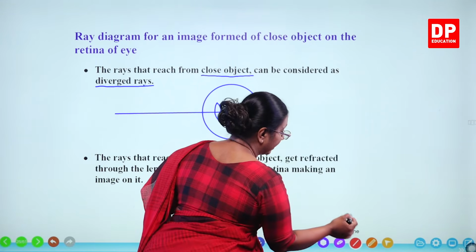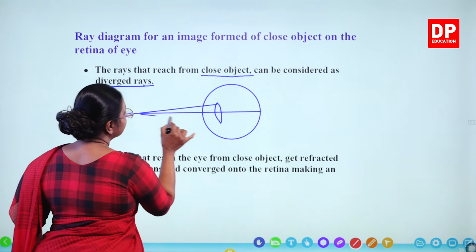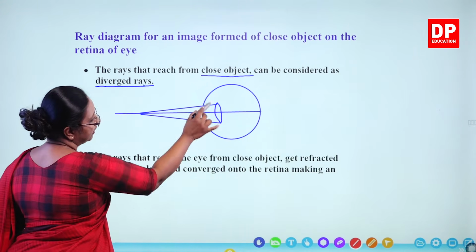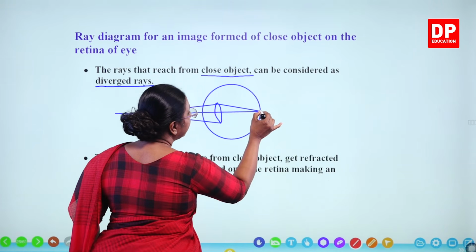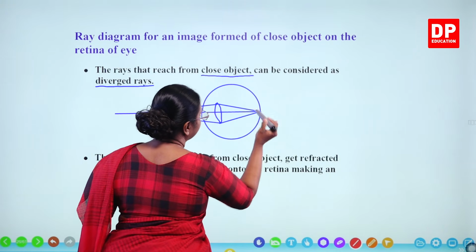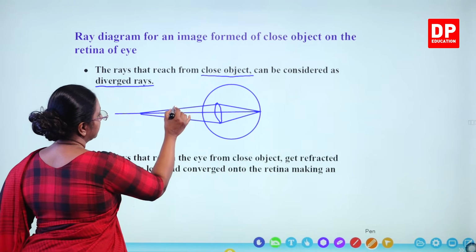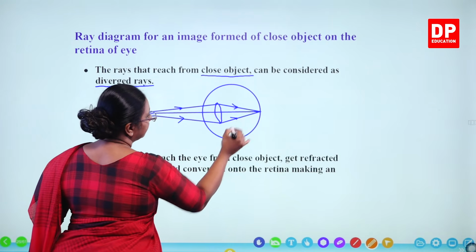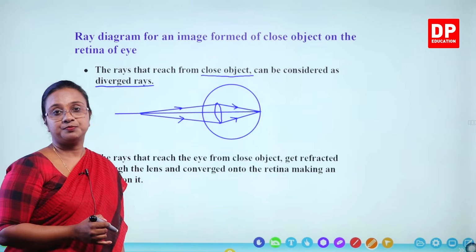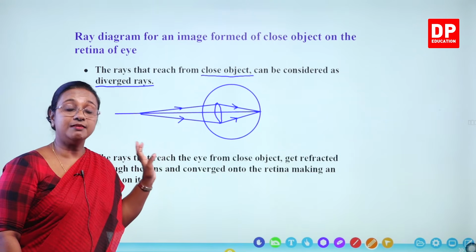All those rays will come and fall on the lens, and they get refracted again onto the retina. So that is the point where the image forms. These are the diverging rays and these are the refracted rays. So here again an inverted image will form on the retina.